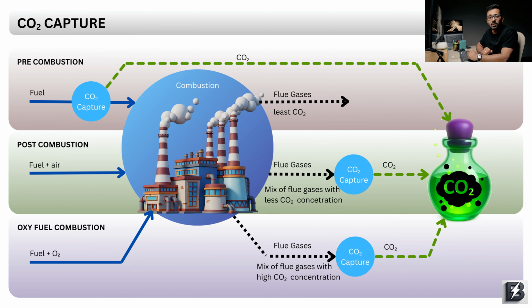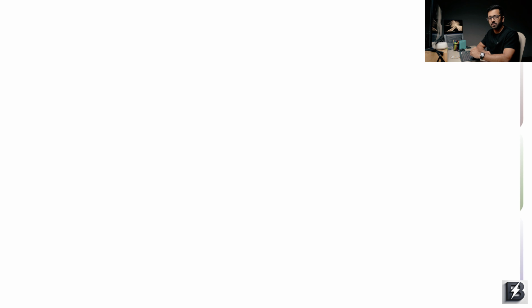Whereas in oxy-fuel combustion, nitrogen is removed from the air first and fuel is burned in nearly pure oxygen. This gives an exhaust stream already rich in CO2. The real differences between these systems come down to CO2 concentration, gas composition, and how much energy it takes to separate the CO2.